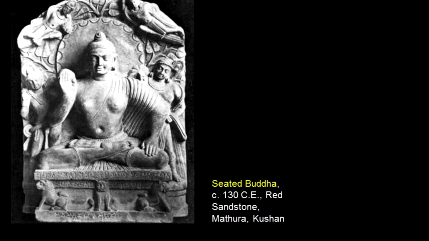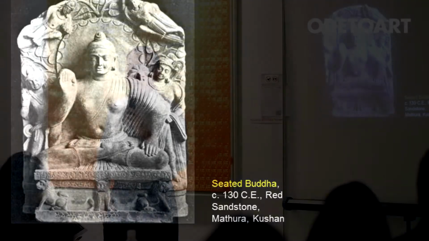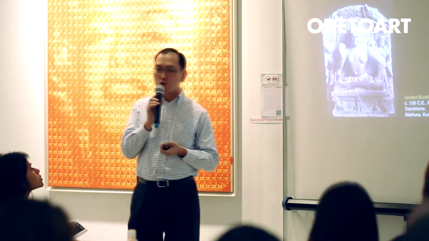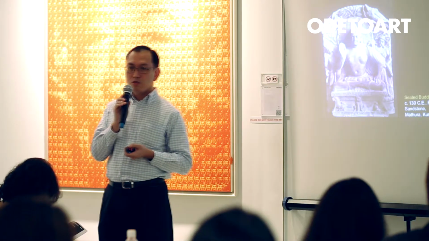Whereas the Gandhara Buddha has wavy hair, here his hair is rather simplified. It has a top knot on it. And here the Buddha sits on a lion throne. At the bottom you'll see two lions there.